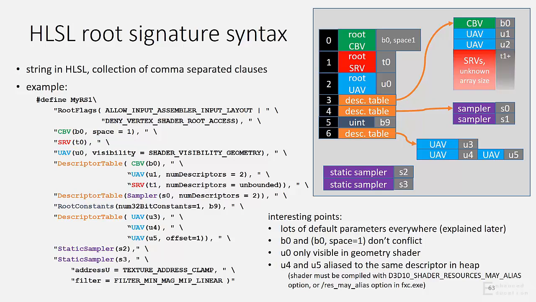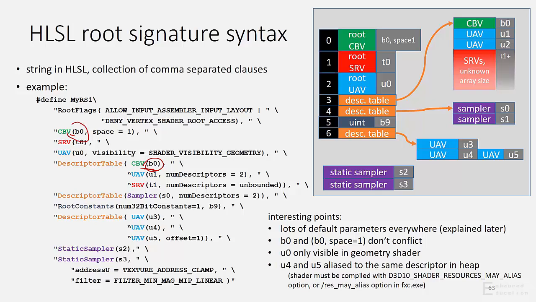The space clause turns the binding space into a two-dimensional number space, so it's not just B0, it's sort of B0, 1. The reason to have this is it allows multiple different declarations of the same register space to not conflict. So in this example, there's another constant buffer defined with bind slot B0, but the default space is space 0. So B0 down here doesn't conflict with this B0 up here.